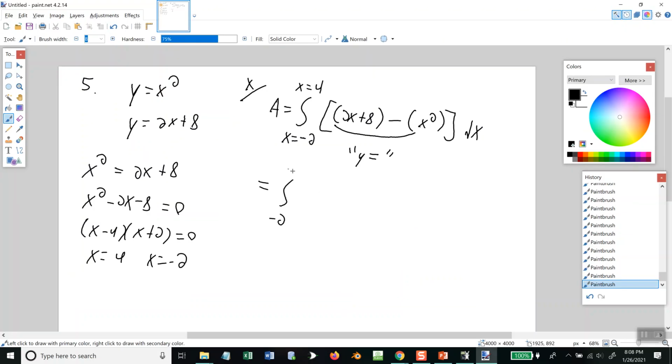So then this simplifies. We got -x squared plus 2x plus 8 dx.